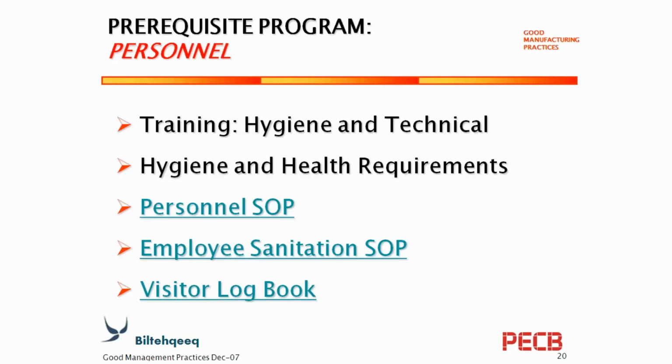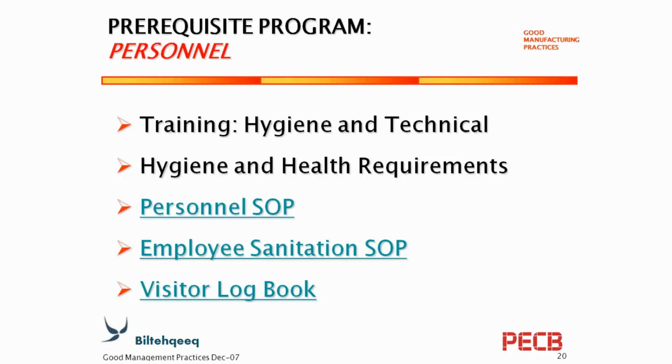You have to train them how to wear the caps, how to wash the hands, how to go inside the manufacturing plant, and they should be well aware about all the protocols of going inside the processing area or going outside the processing area.